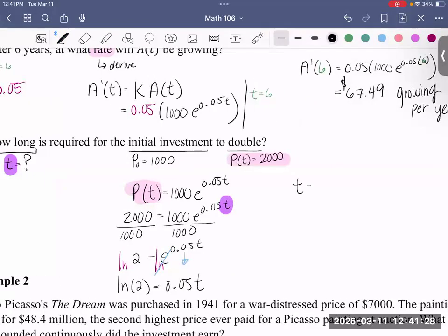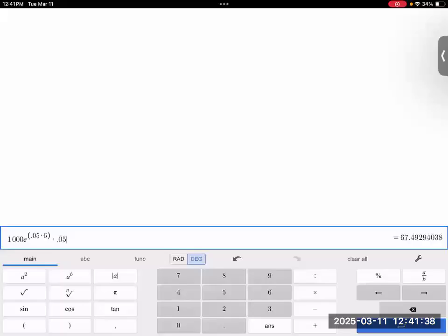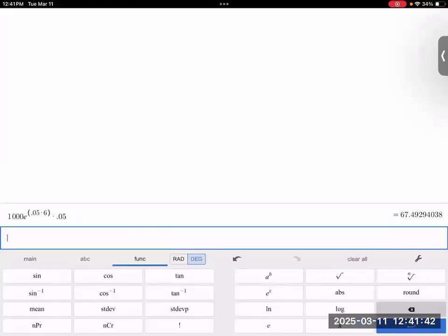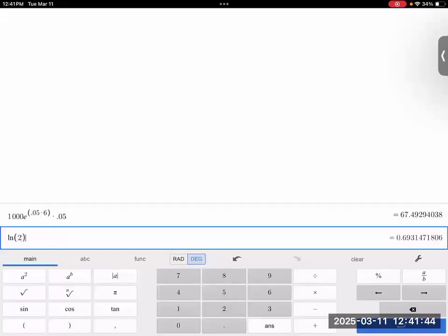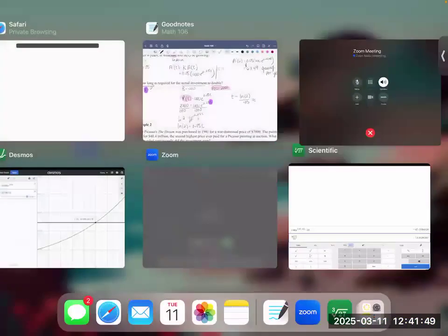So t is equal to ln 2 over 0.05, which is roughly 13.86.